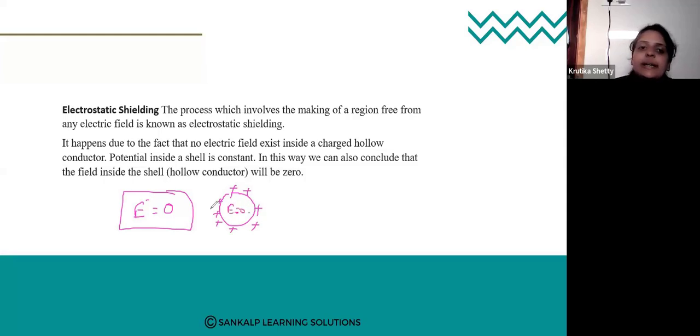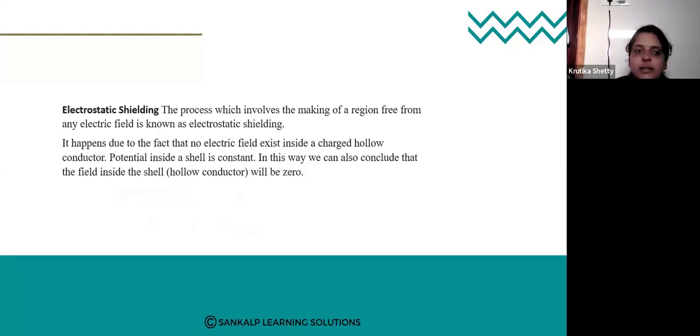So in electrostatic shielding, we can understand that inside the hollow cylinder or anything, hollow conductor, anything inside the body, the electric field will be zero. Why? Because inside we don't have any electric field lines, as there is no charge. The process which makes us free from these electric field lines is called what?